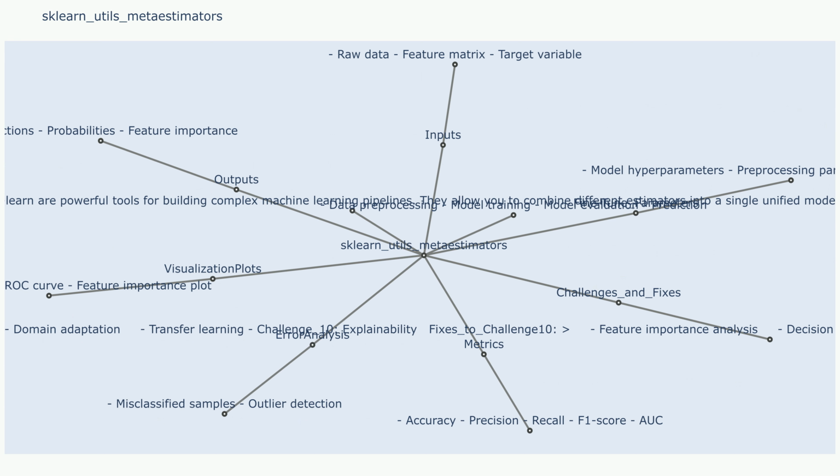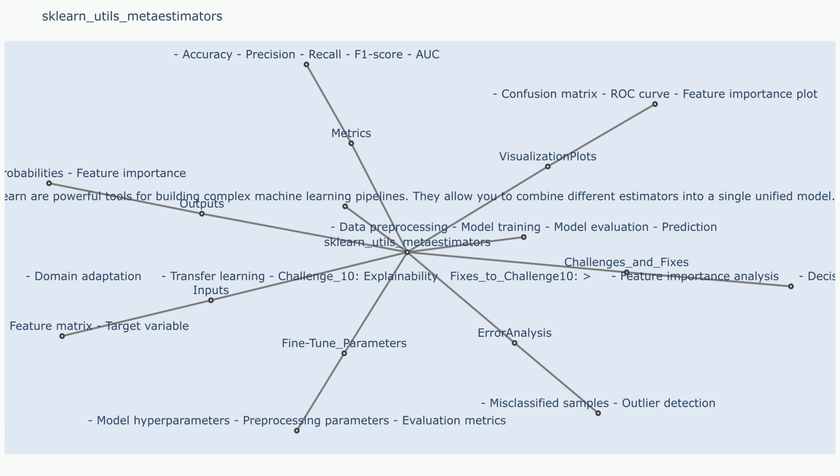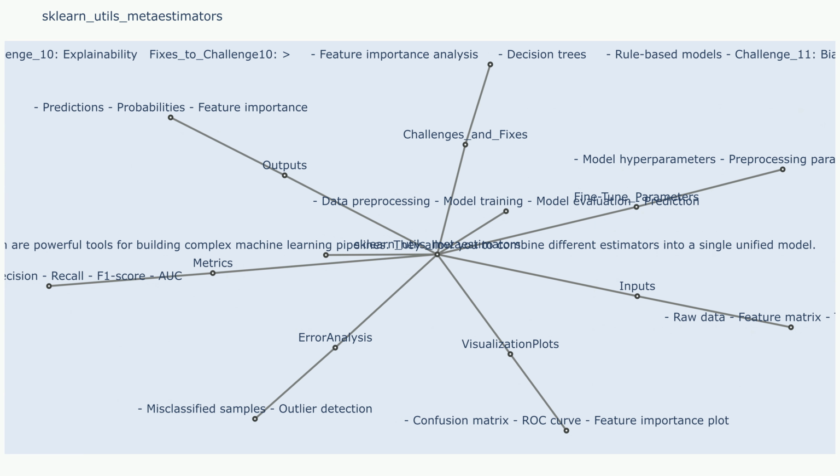Outputs: predictions, the output of the meta-estimator, typically in the form of class labels, regression values, or transformed data, depending on the specific meta-estimator and the task at hand. Fitted model: a trained meta-estimator, containing the learned parameters of the underlying estimators and the meta-estimator itself.